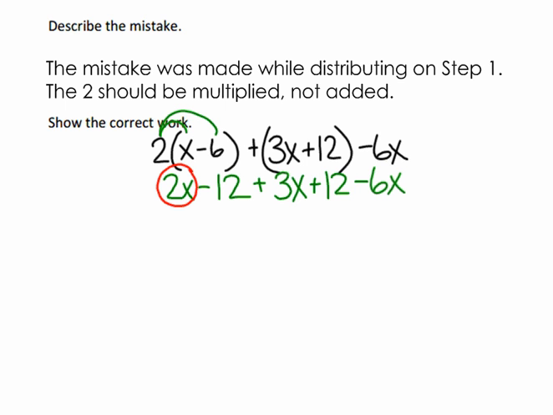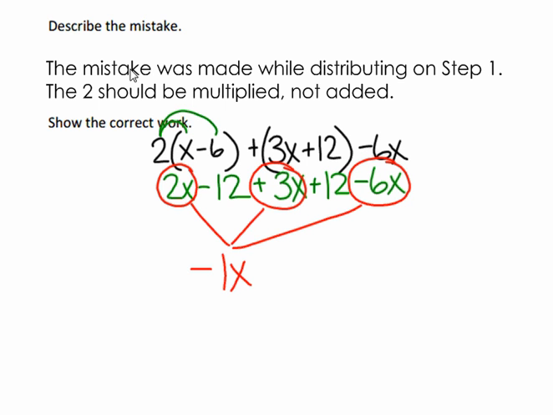So I have 2x plus 3x minus 6x, or plus negative 6x. So that would be 5x minus 6x, which would be negative 1x. And then when we combine negative 12 and positive 12, we get 0. So we can write this as negative 1x plus 0. And if we simplify it even further, we just get negative x.